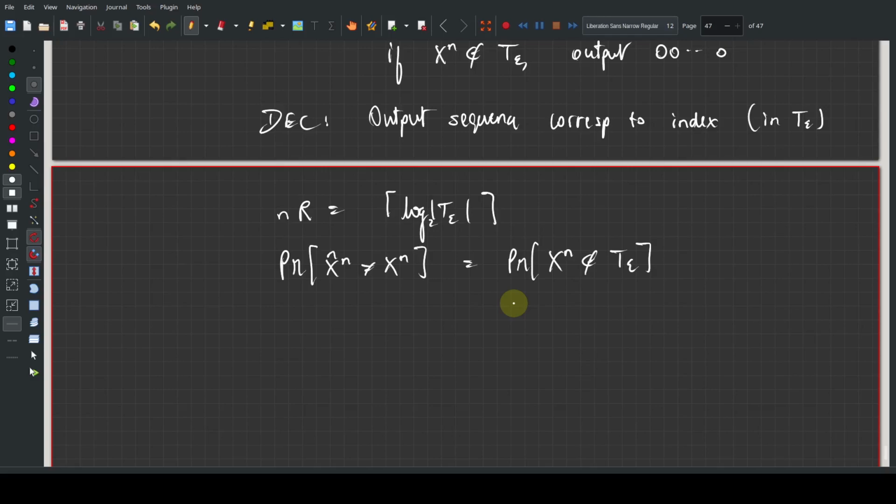So what can you say about this particular probability? How do we analyze this probability? Correct.